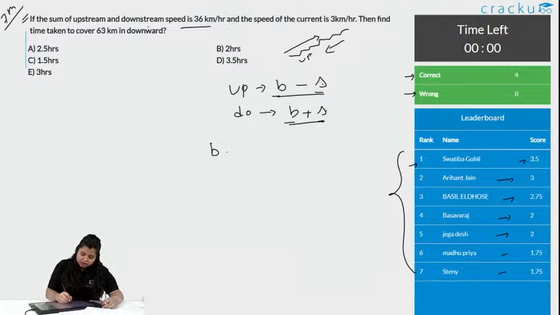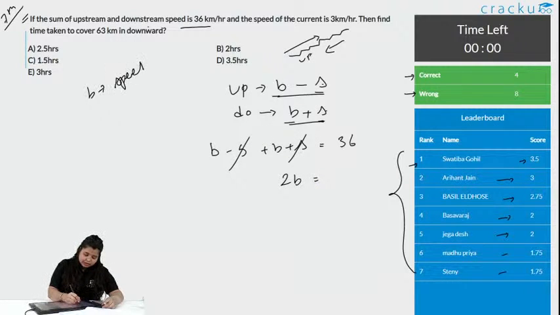Let us see what it is: B minus S plus B plus S is equals to 36, they are the same. So, 2B, that is 2 into, okay, B is speed of boat and S is speed of stream.